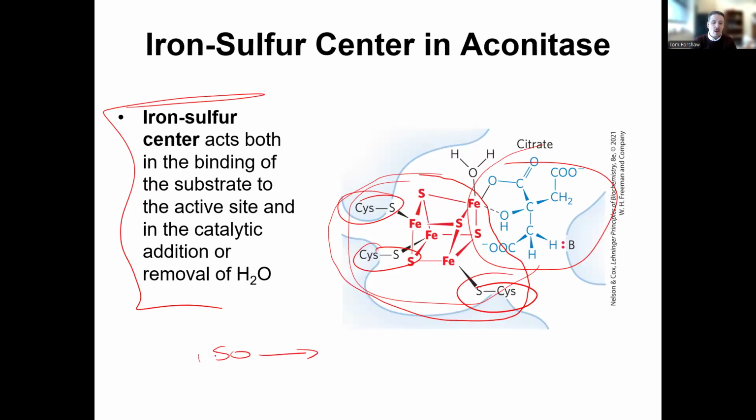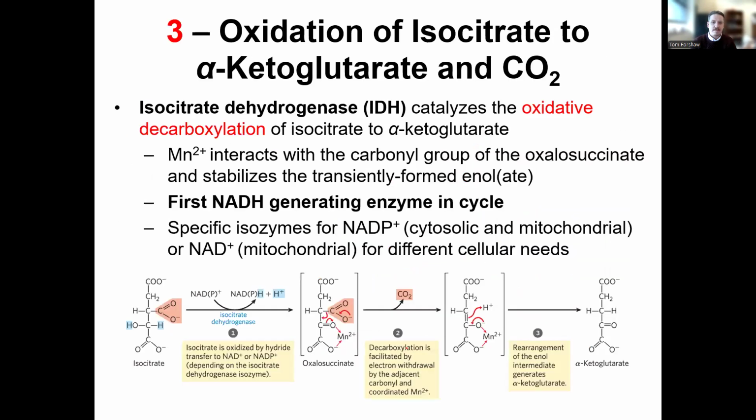It's going to be the oxidation of that to alpha KG, alpha ketoglutarate. So, oxidation of isocitrate to alpha ketoglutarate, catalyzed by the enzyme IDH, which stands for isocitrate dehydrogenase. And can you remember what dehydrogenase enzymes do?